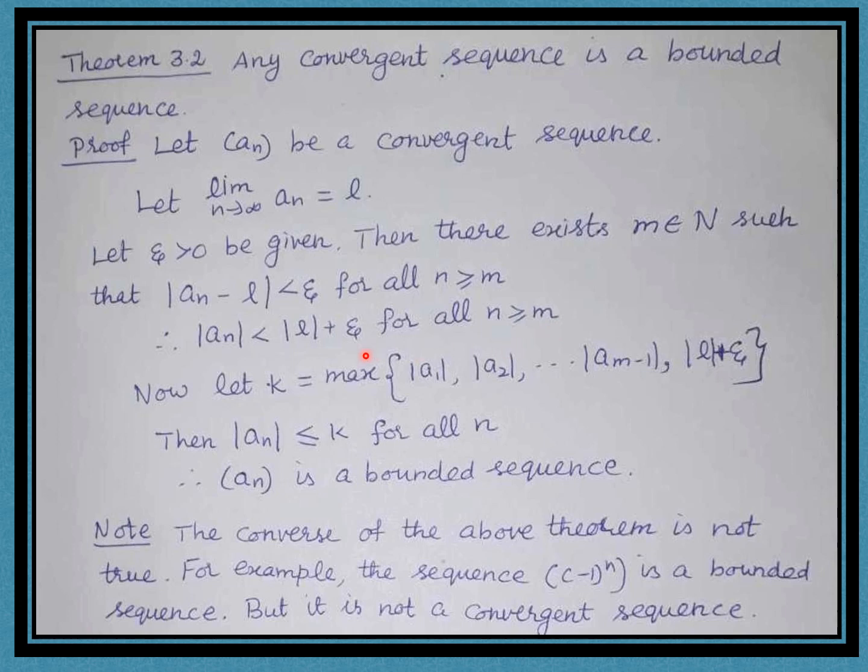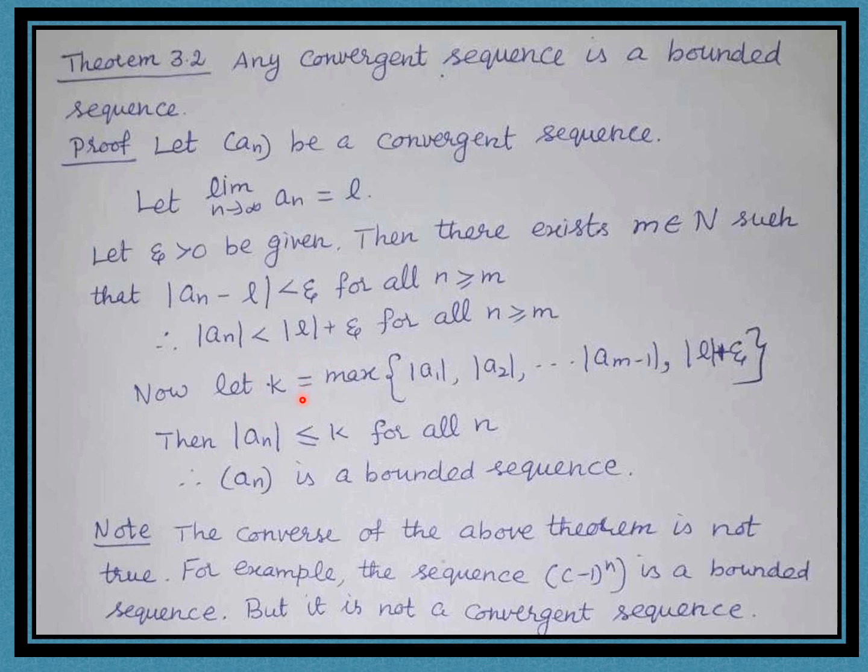So the absolute value of a_1 may be equal to this value or greater than this value. Similarly, a_2, a_3, etc. up to a_(m-1) will be either equal to this absolute value of L plus epsilon or greater than that. Only after m do we have a_(m+1), etc., whose absolute value is less than L plus epsilon.